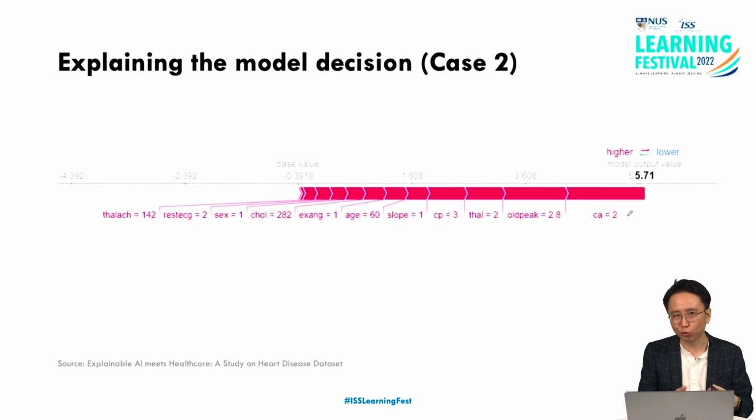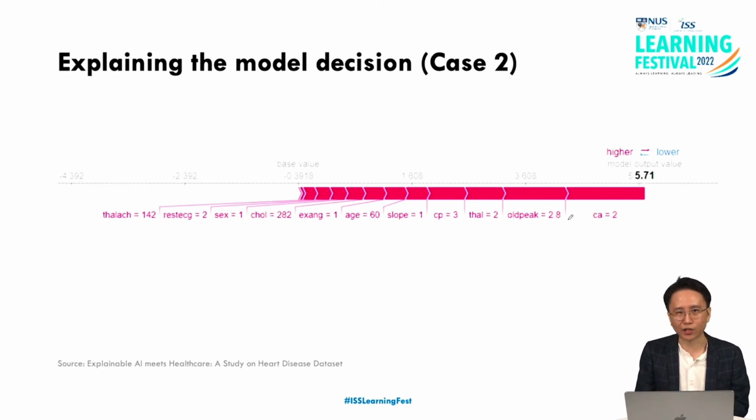A value of 2 for CA implies that the patient has a pretty severe blockage in his blood vessels. Beyond that, the patient has quite some amount of depression in his ST wave, as told by his O peak feature.